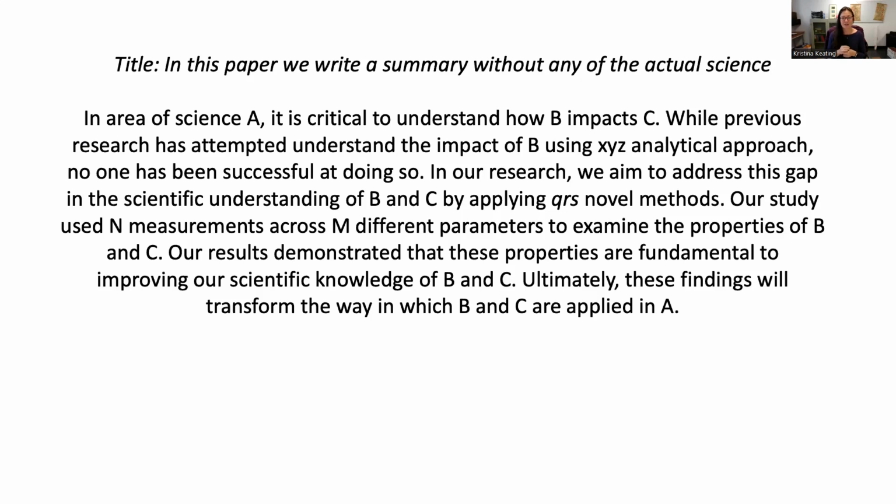In our research, we aim to address this gap in the scientific understanding of B and C by applying QRS novel methods. Our study used N measurements across M different parameters to examine the properties of B and C. Our results demonstrated that these properties are fundamental to improving our scientific knowledge of B and C. Ultimately, these findings will transform the way in which B and C are applied in A.